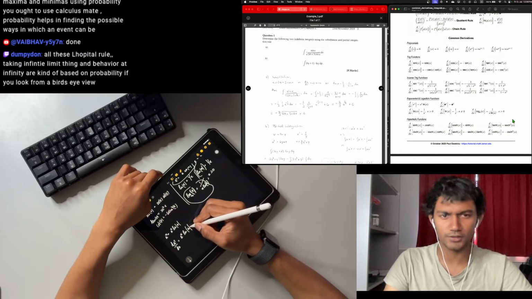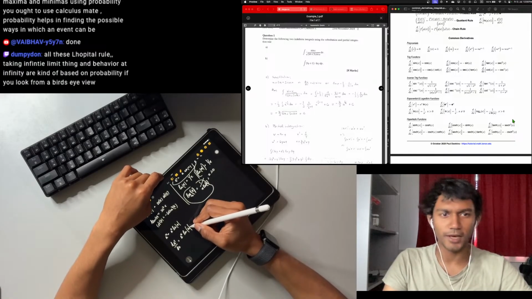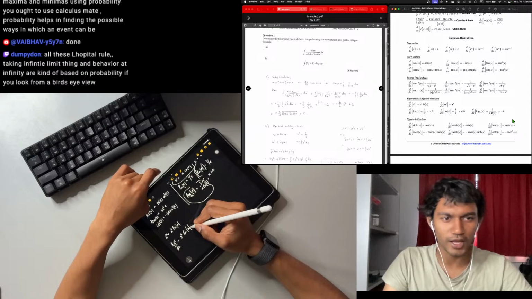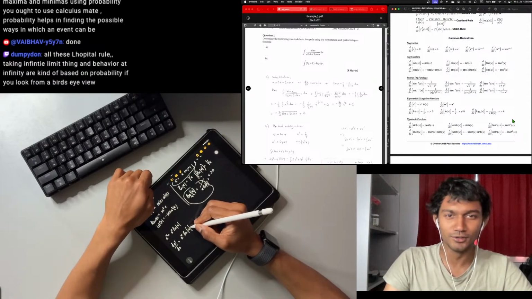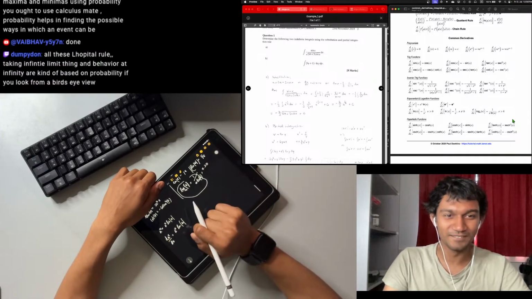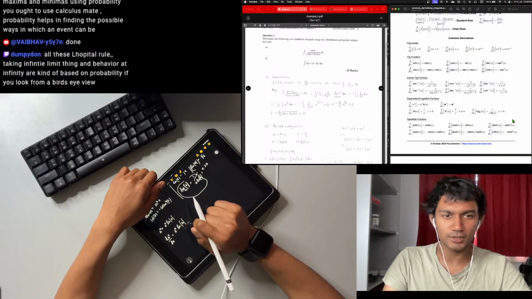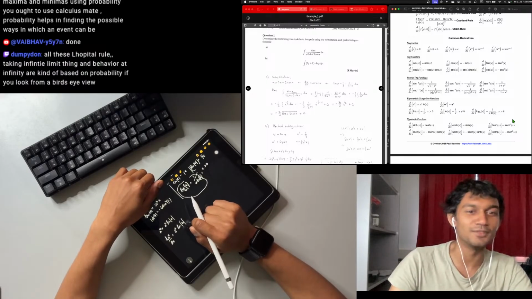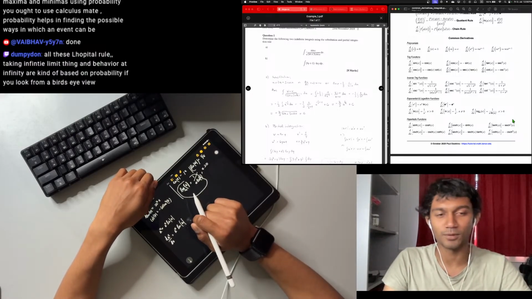Bruh, how can you predict the behavior of graphs, their maxima and minima, using probability? You ought to use calculus, mate. Probability helps in finding the possible ways in which an event can happen. Done! Dumb Python came up with a response. All these L'Hopital's rule, taking infinity, limiting behavior at infinity are kind of based on probability.